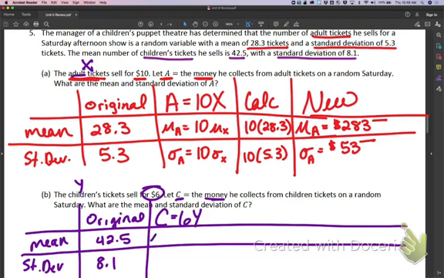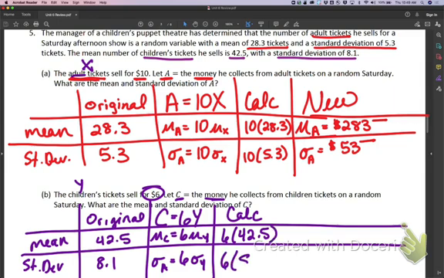All right, so the mean for the children's distribution is 6 times the mean for the original children's ticket sales. Again, 6 times the original is going to convert the mean by 6. Standard deviation is also going to be converted by 6. So 6 times the standard deviation of the original. I'm going to do my calculations. So I do 6 times 42.5 and 6 times 8.1.